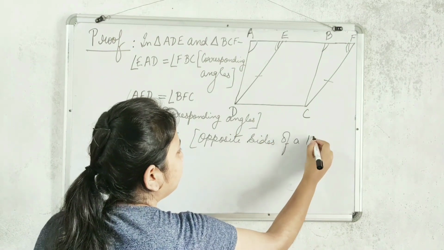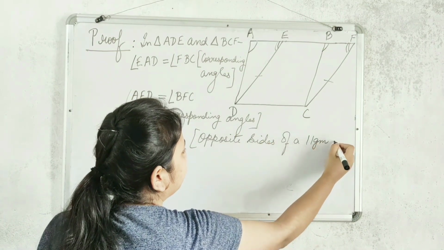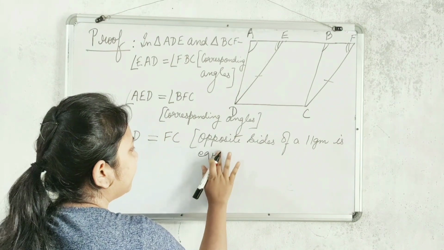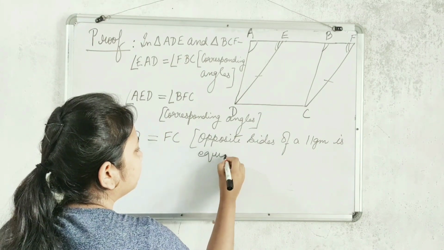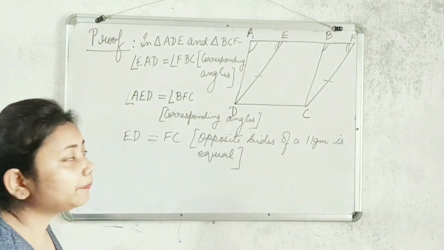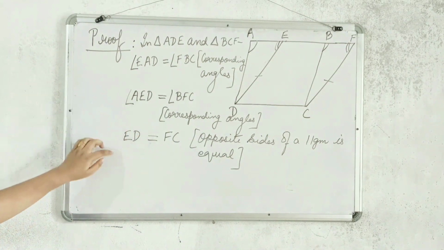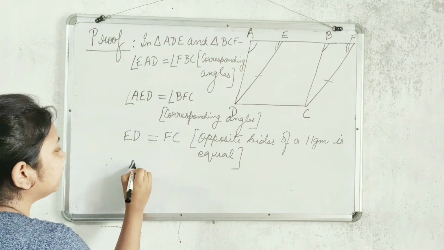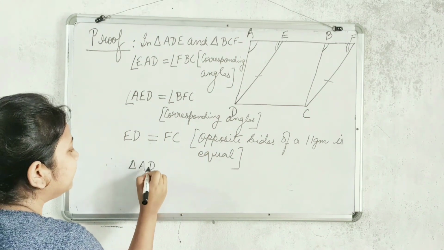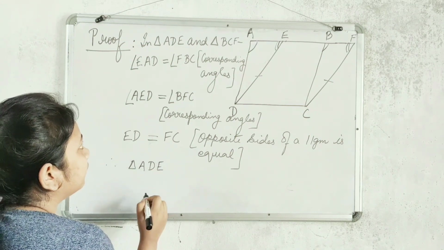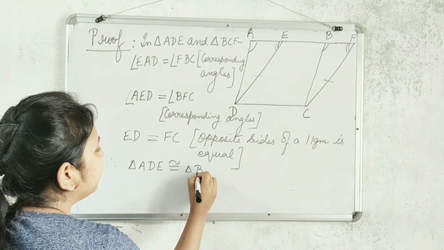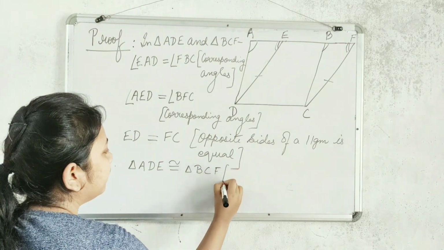So we got three conditions. Therefore we can say that triangle ADE is congruent to triangle BCF.